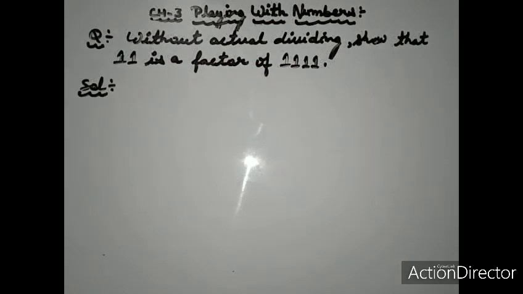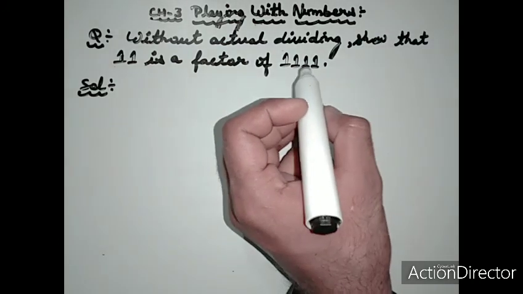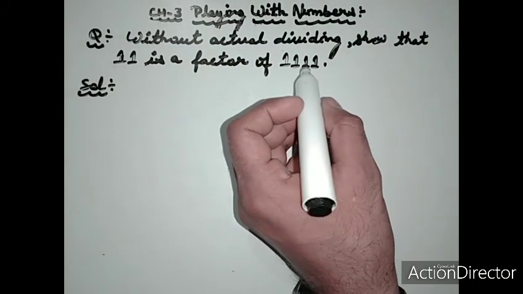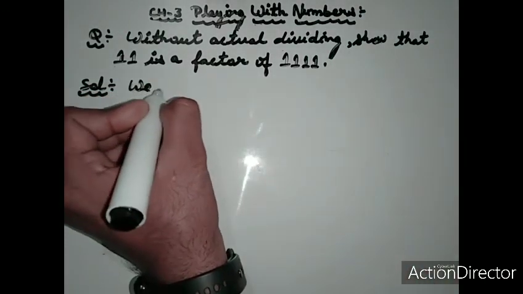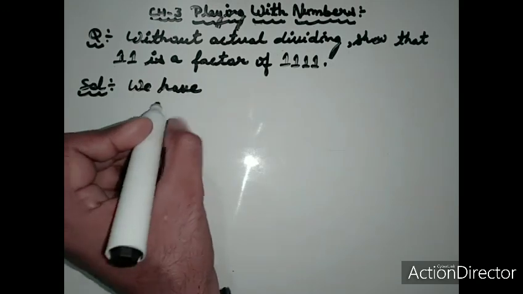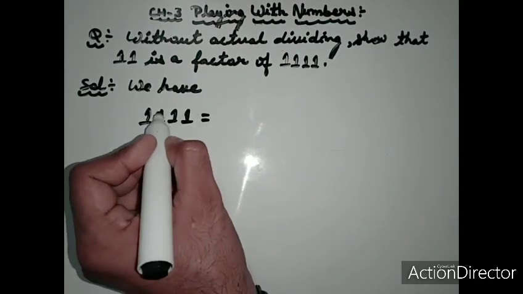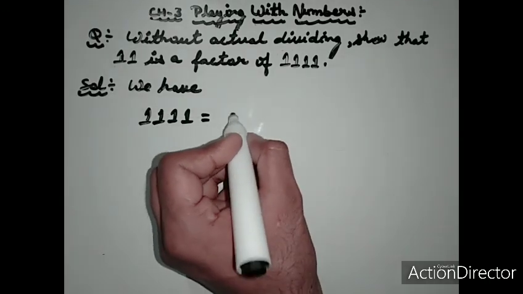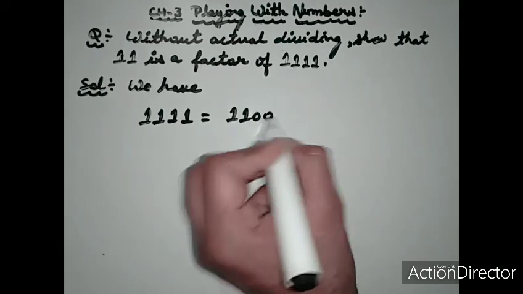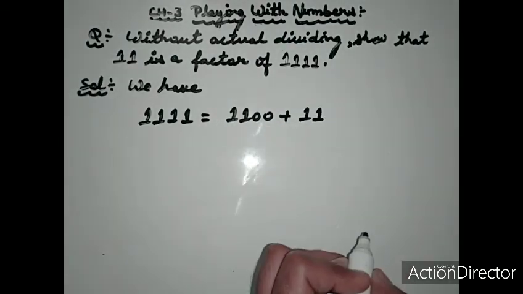Now the next question: without actually dividing, show that 11 is a factor of 1,111. So first we write, we have 1,111. Here we separate it and make factors of this number, like 1,100 plus 11.